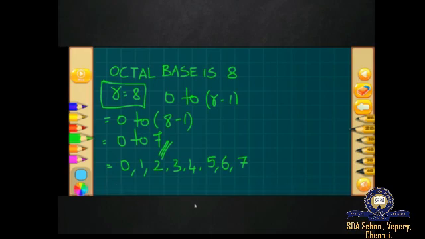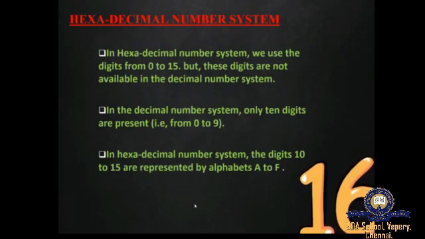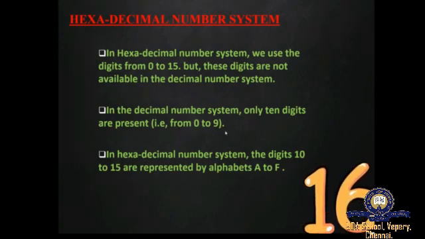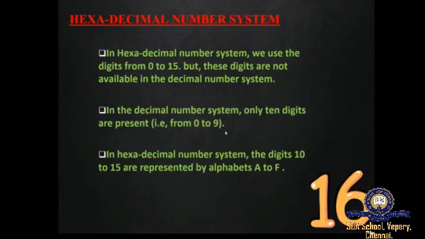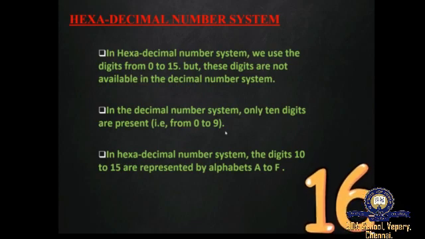Now the last type, that is the hexadecimal number system. It has its base value called 16. In the hexadecimal number system, we use the digits from 0 to 15. But these digits are not all available in the decimal number system. In the decimal number system, only 10 digits are present, that is from 0 to 9.